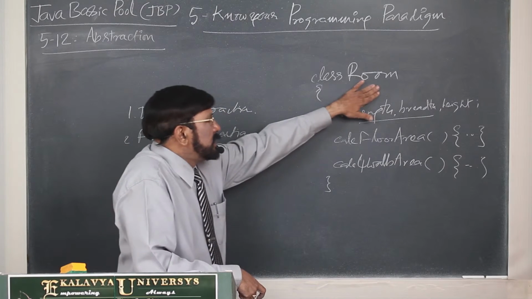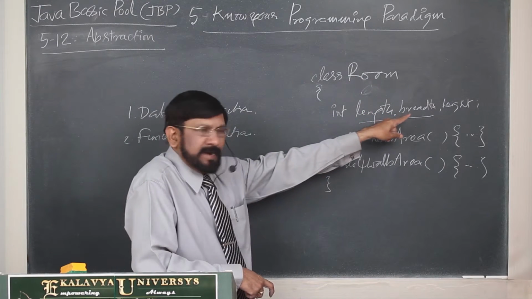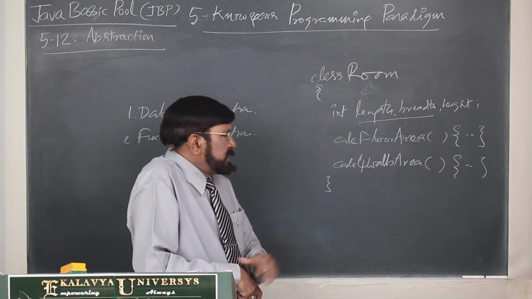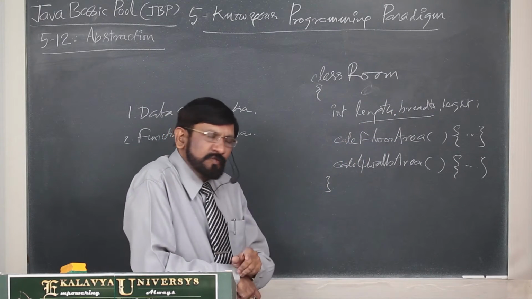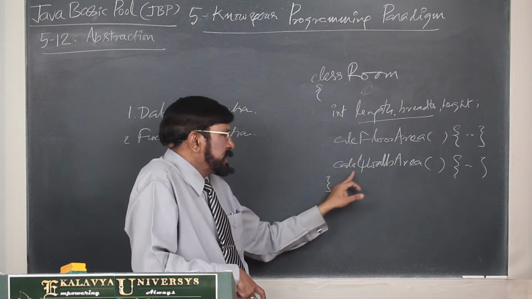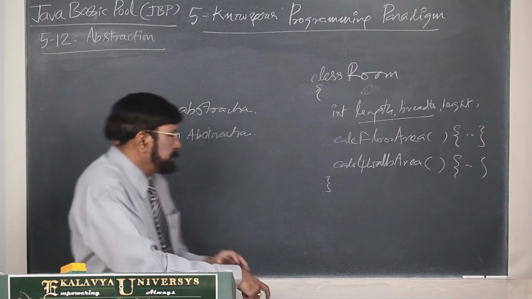In this, I have defined three data members or properties: length, breadth and height. As far as functions are concerned, there are two functions. One is calculate floor area. Second one, calculate four walls area.